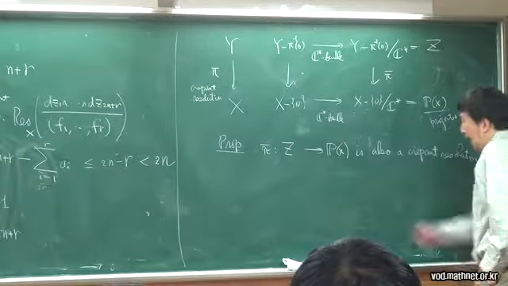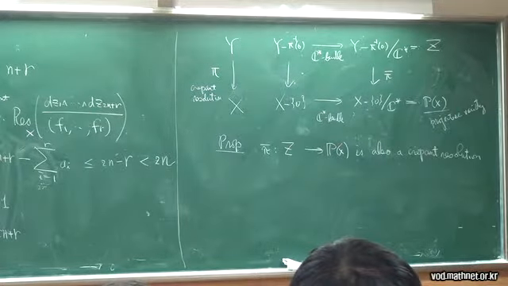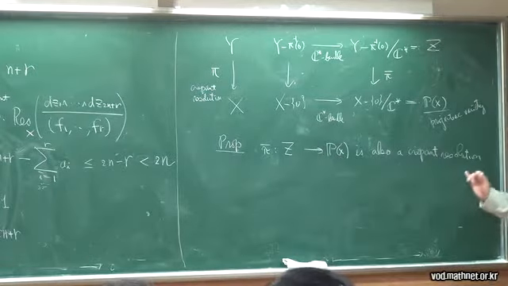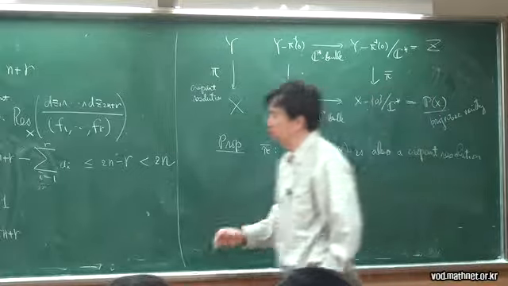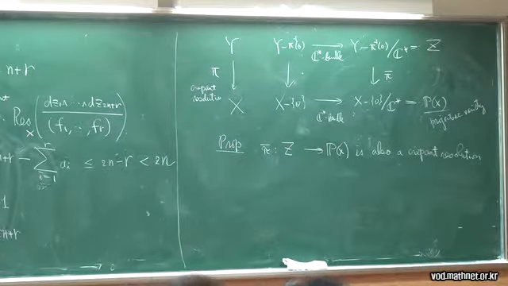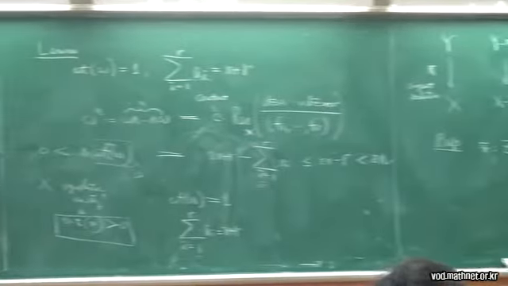Now, X has a symplectic structure in some sense, so PX should have a contact structure, and Z would have a contact structure. I want to explain this in more detail. Here we use contact geometry.